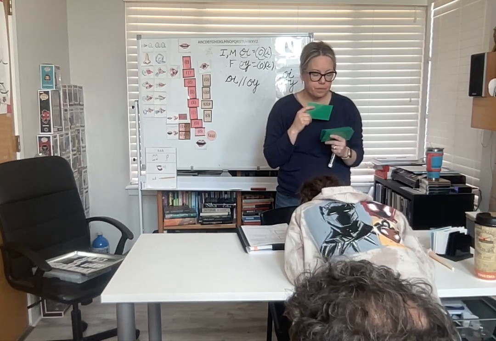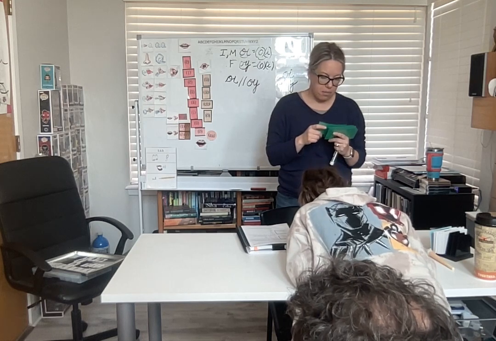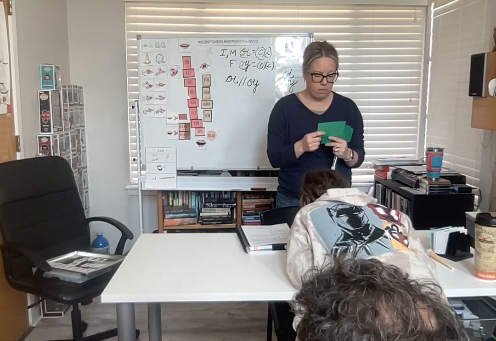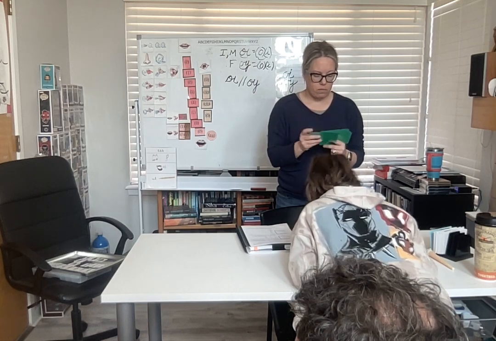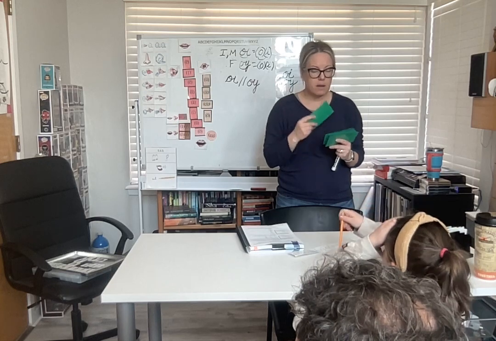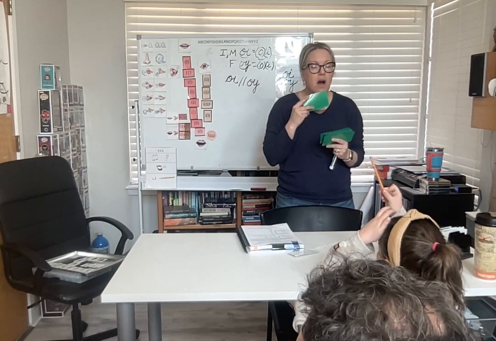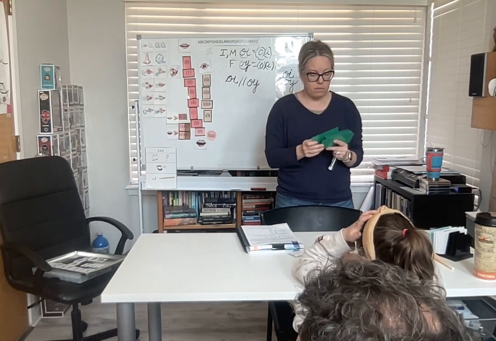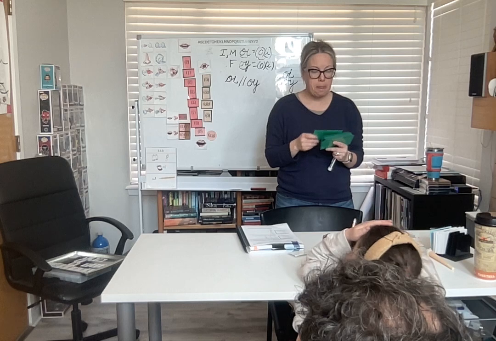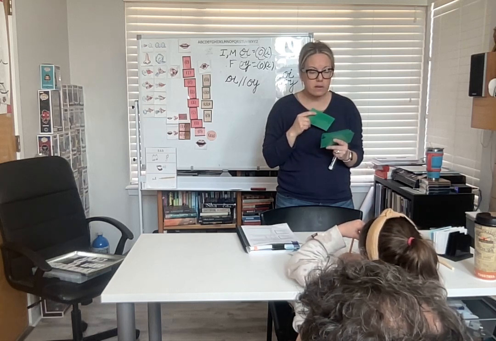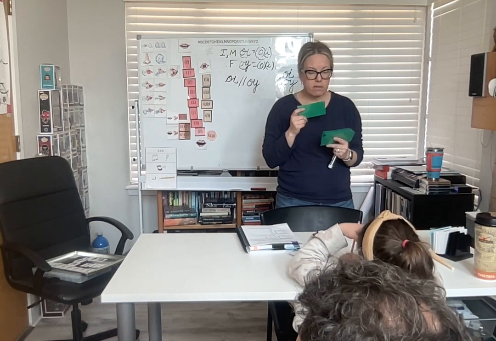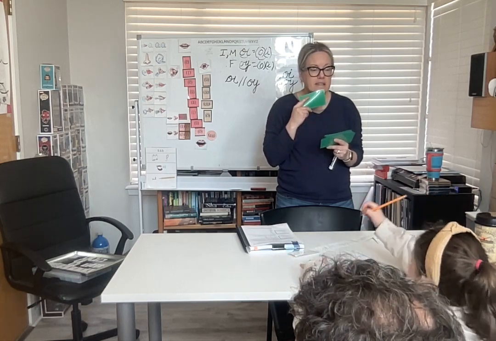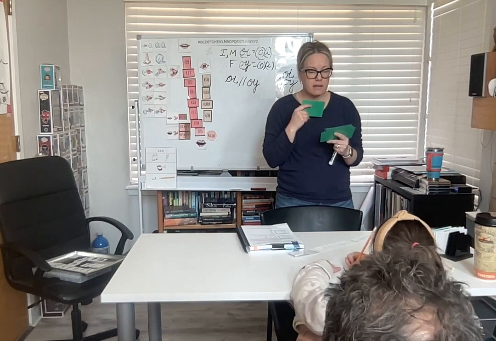Star. Combination. A, R. Ready? That's how I do my R. Okay, that's right. U. T. Digraph T-H. Two letters make that sound.